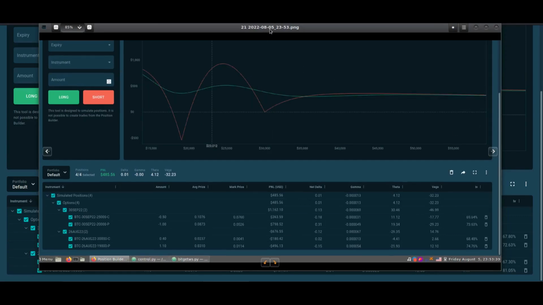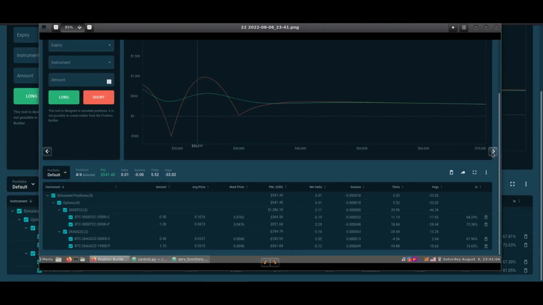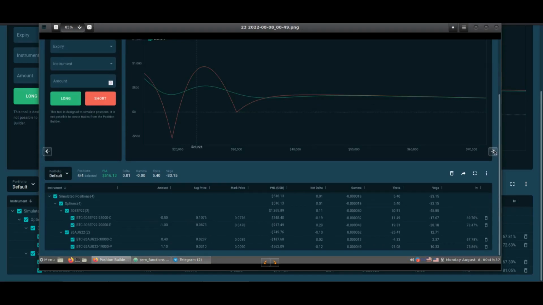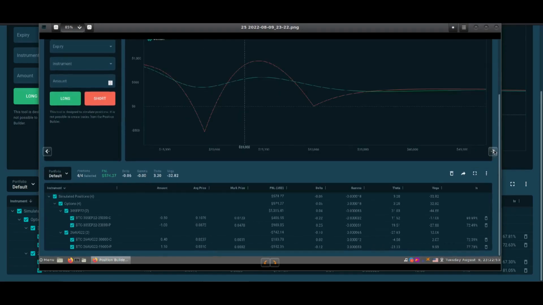Okay, it is August 5th, and here we are. Volatility was going down. 500 profit, $574, price almost the same as the initial position price when created.